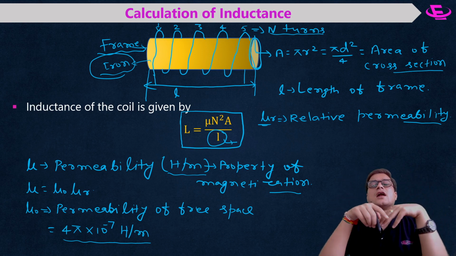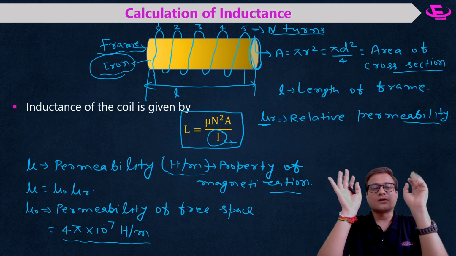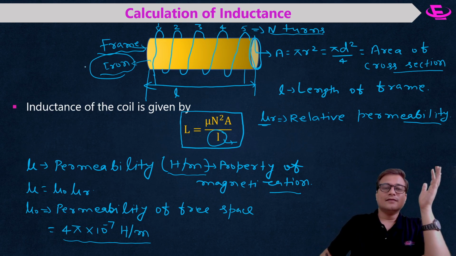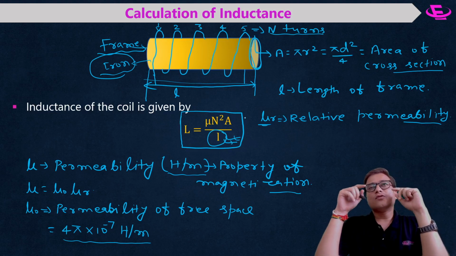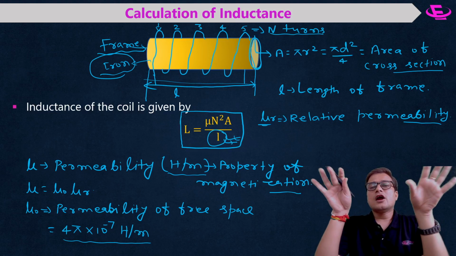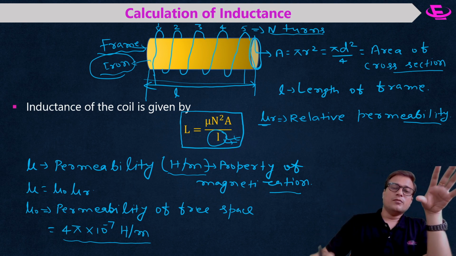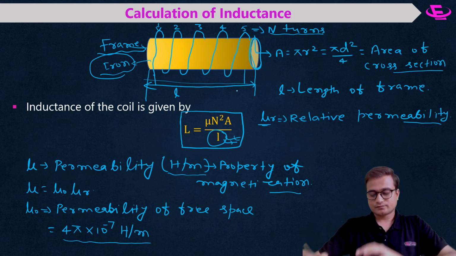Don't confuse, ignore that term. If they are giving you the length of the frame, or simply the length of the coil, this is the effective length of the coil, so that is called L here. Clear? If they are asking you the area of wire, the area of wire can't be calculated from the formula of inductance, because A means the area of cross section of the frame.